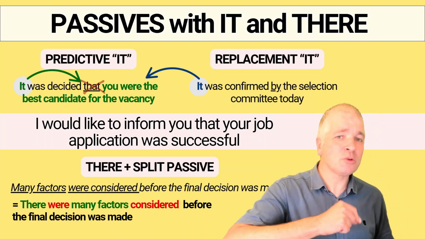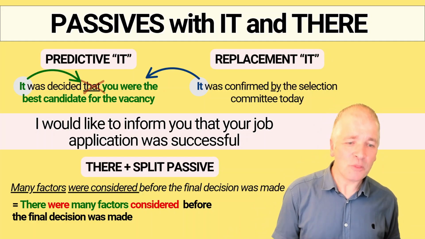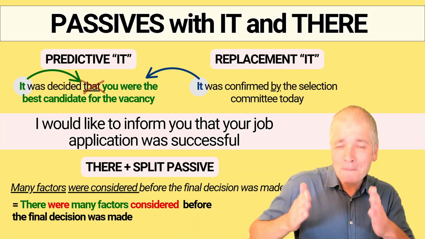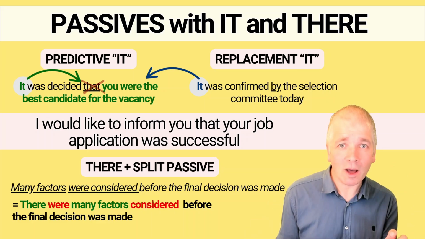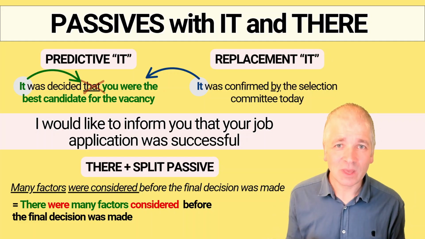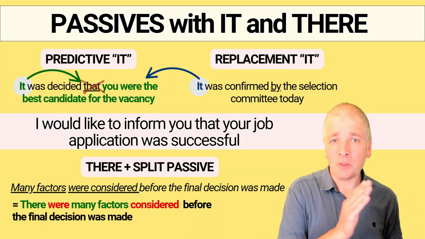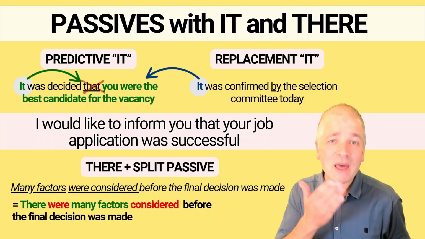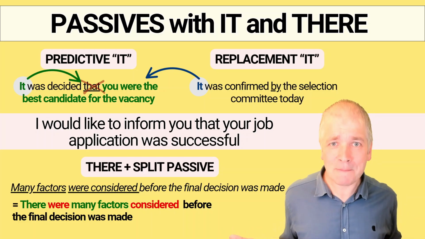If we introduce there at the beginning of the sentence, look at what happens. There were, and many factors now gets put in between were and considered. And this is an example of using there with a split passive. There, the verb to be, then the subject, then the past participle, for exactly the same meaning.